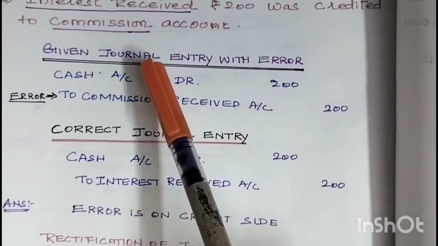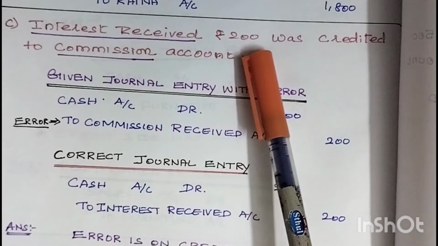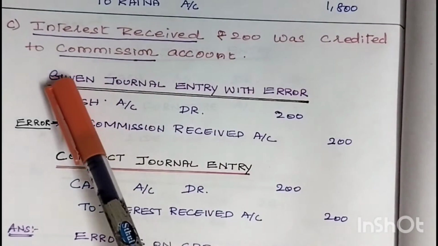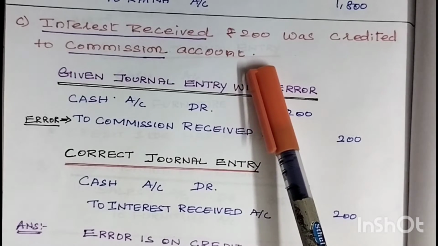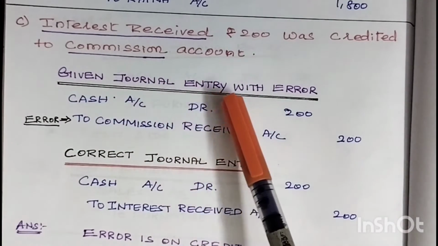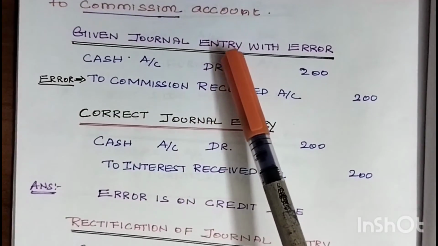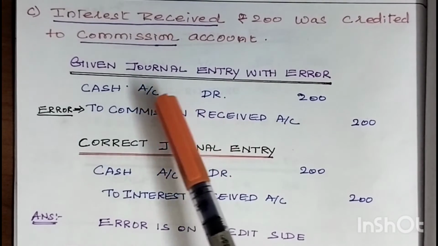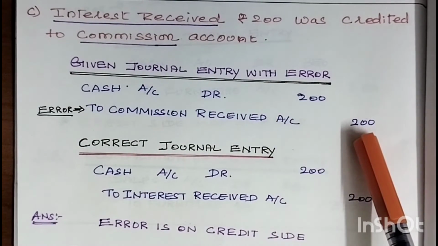The next transaction is interest received rupees 200 was credited to commission account. What does this transaction tell us? What they entered is the wrong journal entry. They given the journal entry with the error. Okay. Cash account debtor 200 rupees to commission received account 200 rupees.